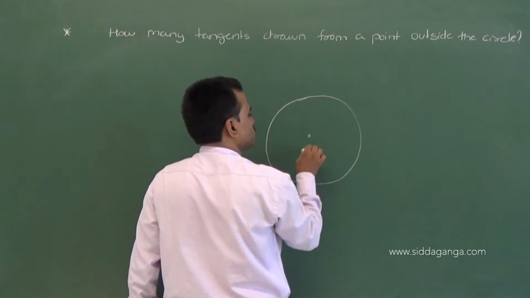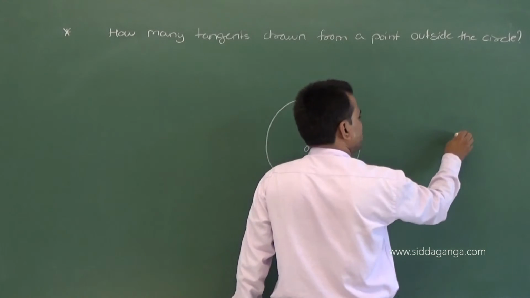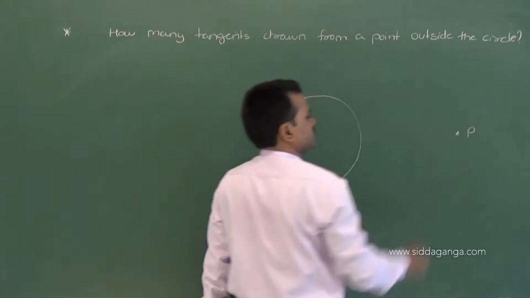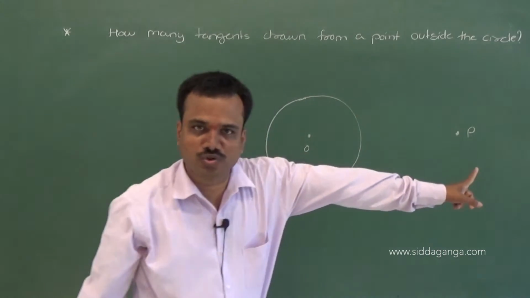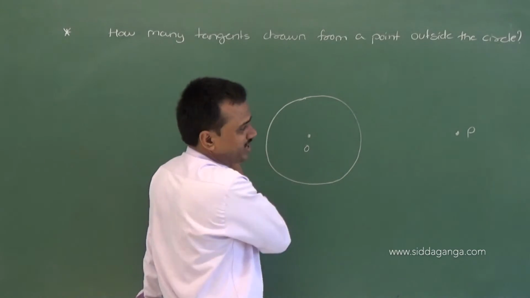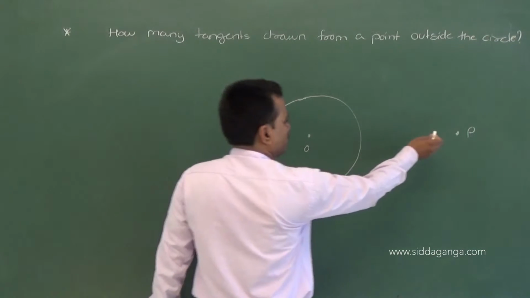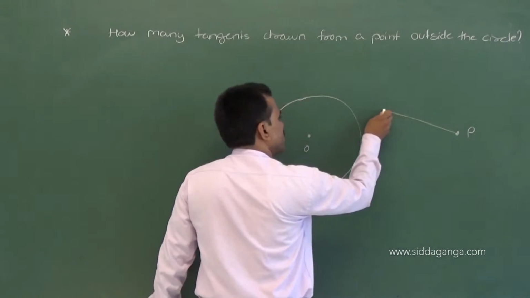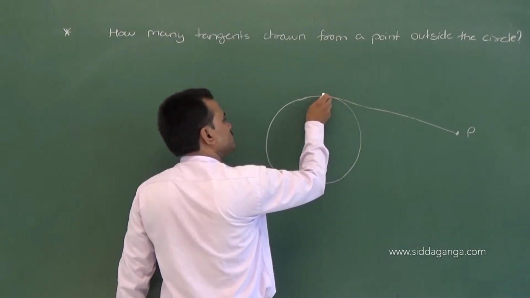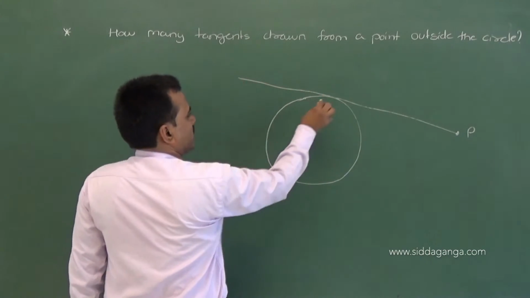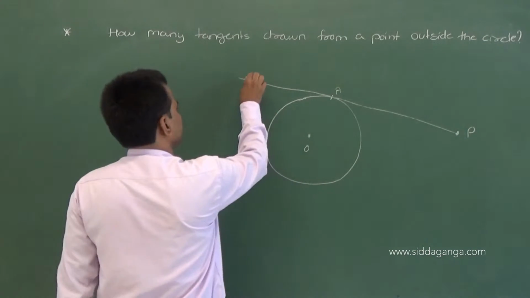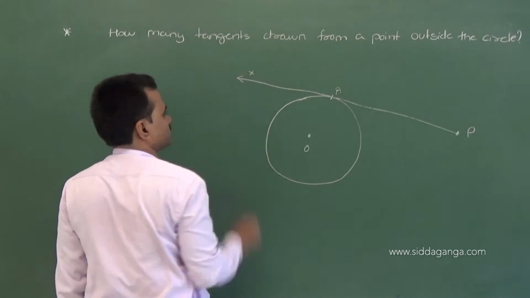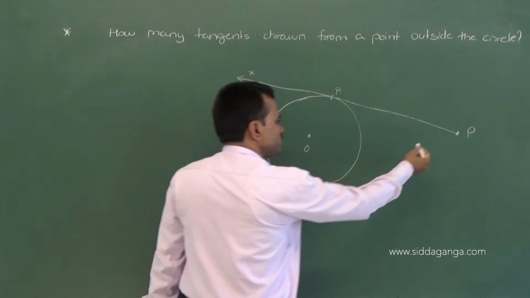At this point P, observe here, this point P lies outside the circle. How many tangents are possible? From the point P, I draw one tangent. It meets at the point A. So one more tangent is possible.